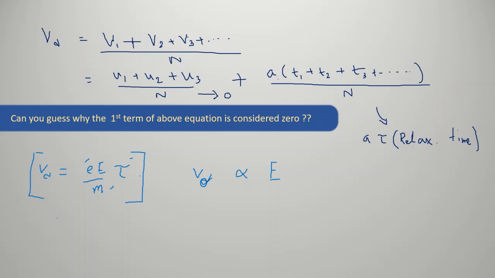So thus the expression of current that can be obtained will be n A e into VD, that is the drift velocity, and thus n A e, then VD is replaced as e capital E divided by m, so it is written as n A e square capital E divided by m.